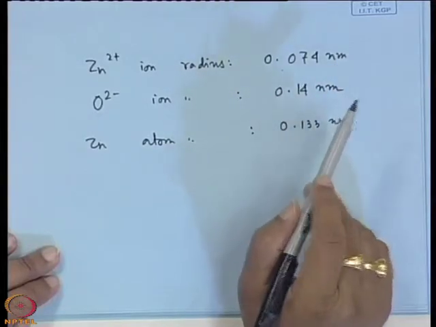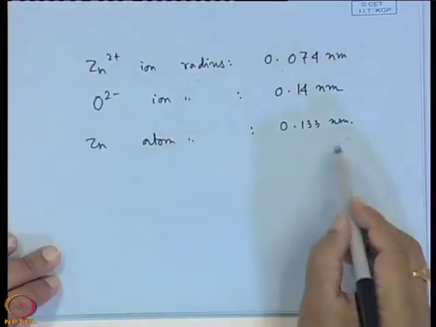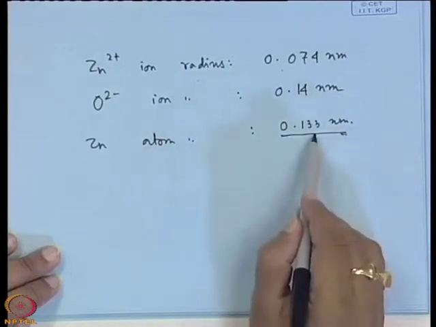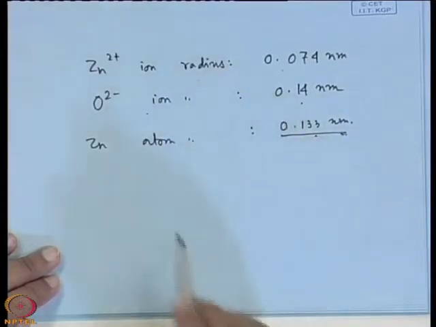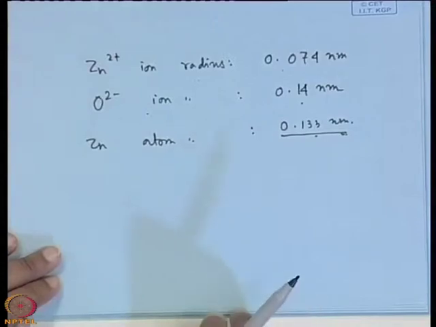So, only if there is excess zinc, the zinc ion can occupy the interstitial, not even the zinc atom. You see that the zinc atom is 0.133 nanometer, almost equal to the oxygen ion. Not even the zinc atom will occupy the interstitial position. The interstitial position will be occupied by the zinc ion only.